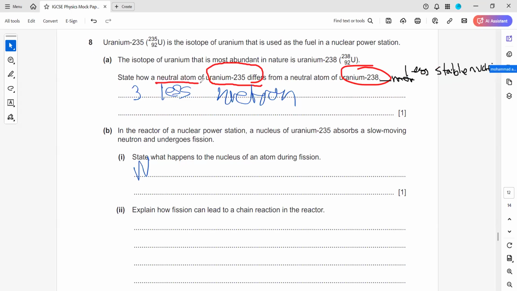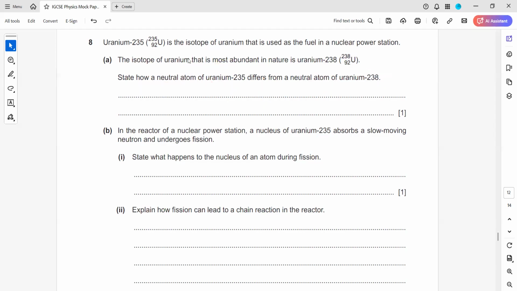We have to state it in terms of the atom. Instead of saying stability, you have to use the term number of particles. If you say uranium 238 has 3 more neutrons, or uranium 235 has 3 fewer neutrons, you'll score the mark. No need to refer to stability here. The question is how uranium 235 differs from 238.